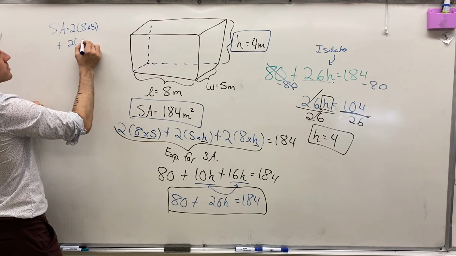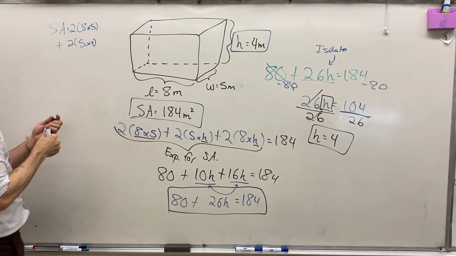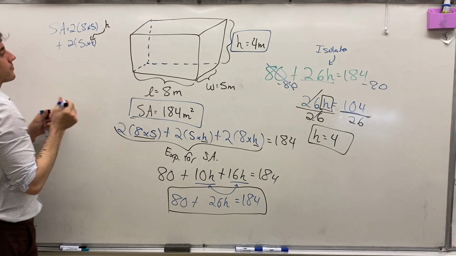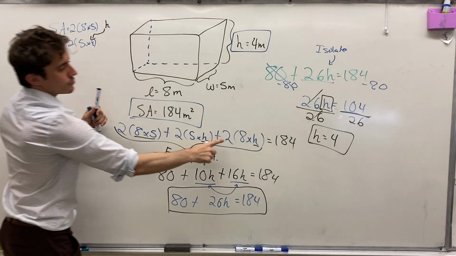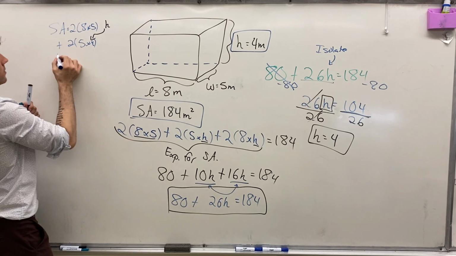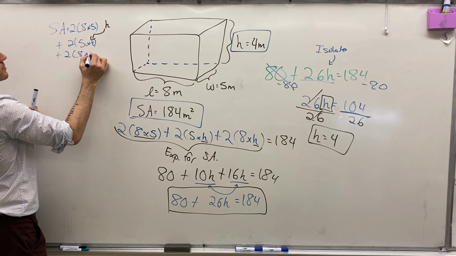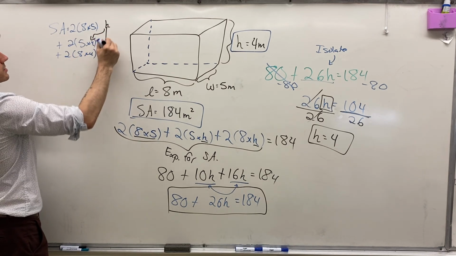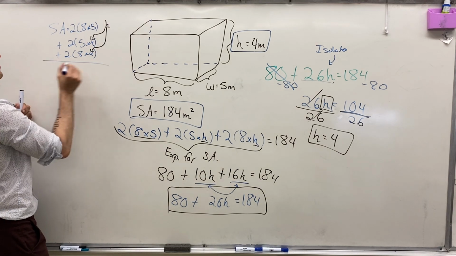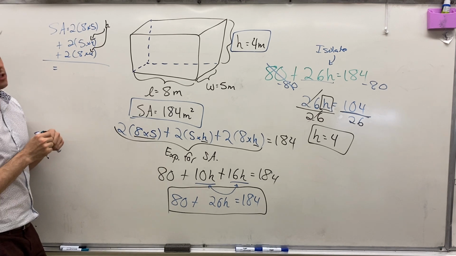That 4 is the value of h we found. And finally, 2 times 8 times h, so 2 times 8 times 4. Again, h is also this value of 4 that we're substituting in to verify our solution. And let's see if this actually does turn out to work.